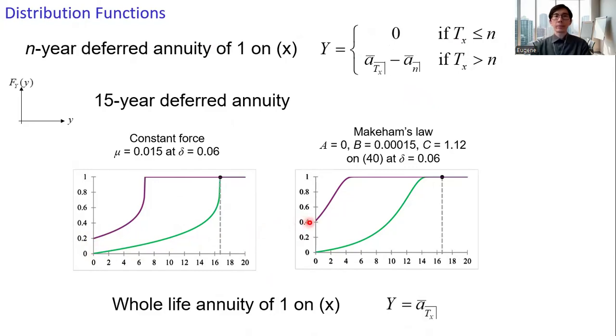And let's compare the expression for Y when T_x is greater than n. The graph for the deferred annuity is in fact parallel to the graph for the whole life annuity. This simply is a leftward shift by an amount a-bar angle n.